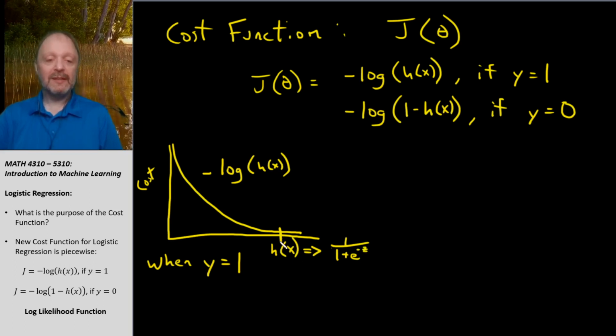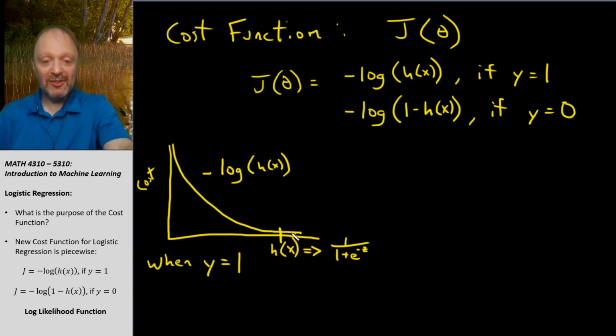Alrighty. So if it outputs a value that is 1, or something positive, something greater than 0.5, the cost, which is the y value of this function, is very, very low. It is this difference right here.